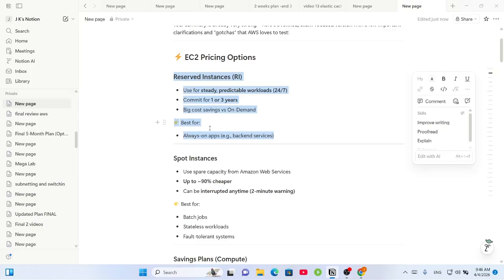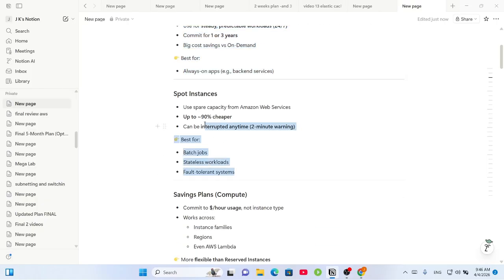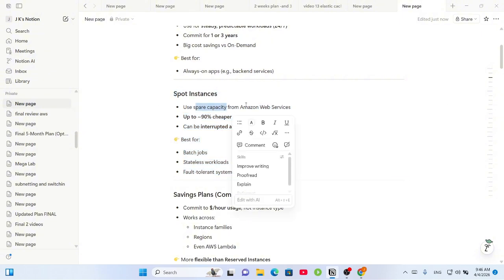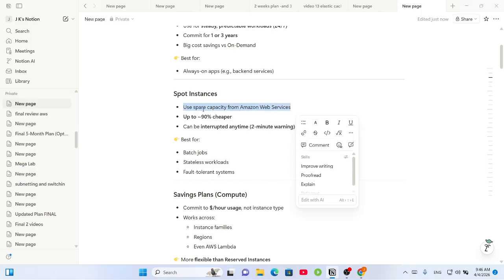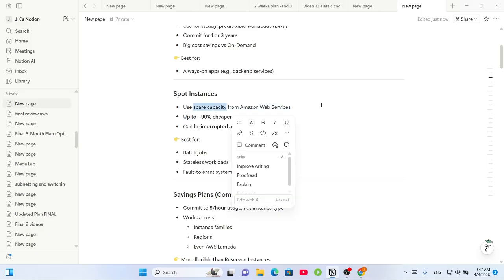If you don't need something to be on or available every time, you can use spot instances. Spot instances are just spare capacity that AWS provides that they're not using. This is provided for a cheaper price. But the issue with this is AWS can actually stop or terminate your instances anytime they like.